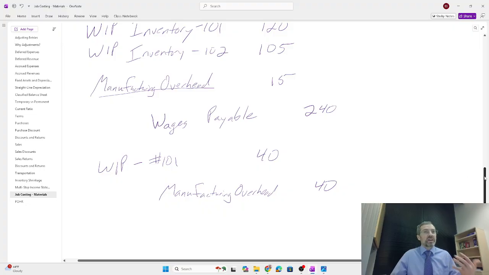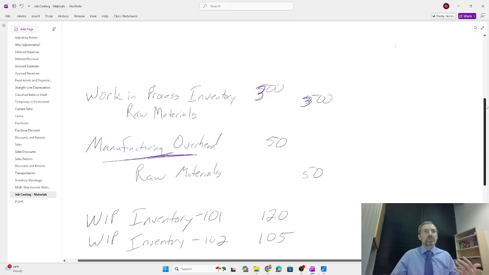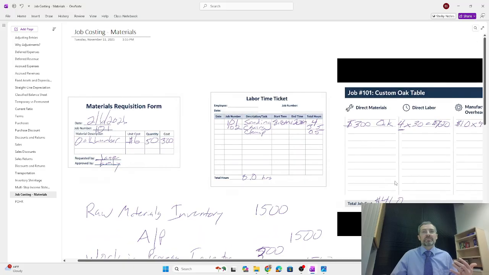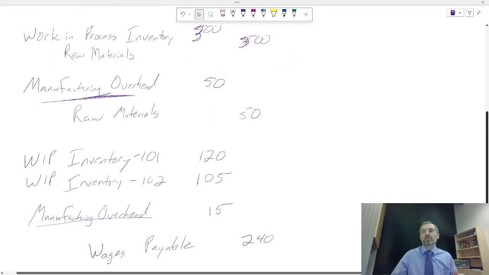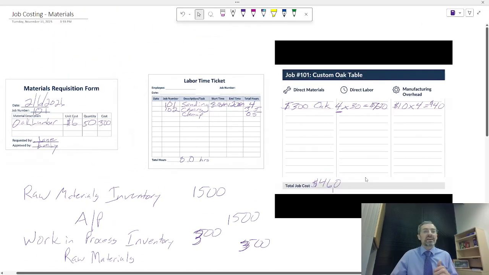But now we're all done with the table. Right now, what do we have sitting in our work in process inventory for this specific job? Well, we can look at our job cost sheet, and if we made the journal entries correctly, this $460 should match what we have in our accounting records for work in process.